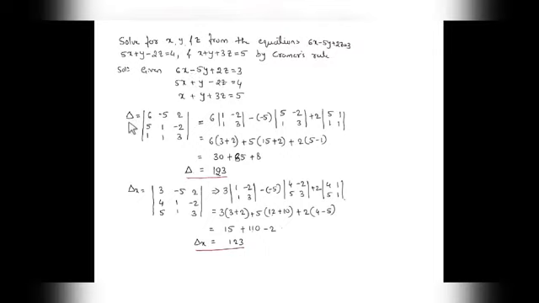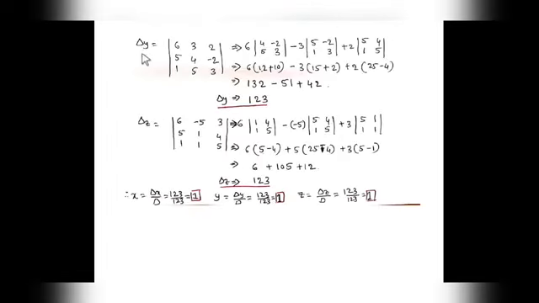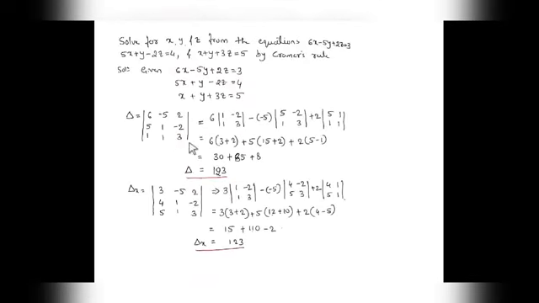Now as I said, if I have to find out three unknowns, in that case I have to take delta, delta x, delta y, delta z. If I have to find out two unknowns, then I have to take only delta, delta x and delta y. Now presently we have to find out three unknowns.